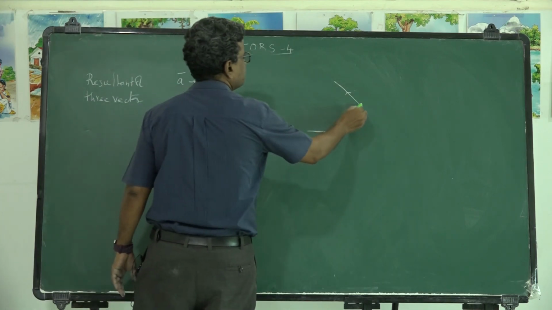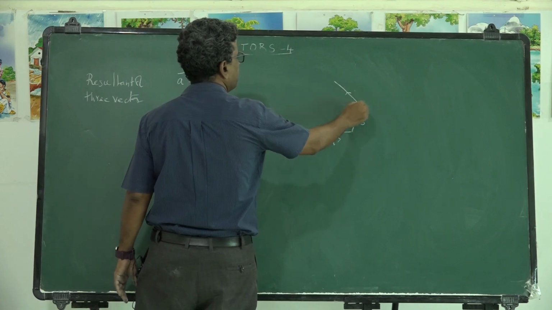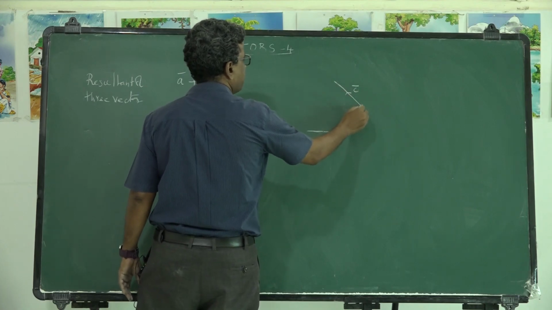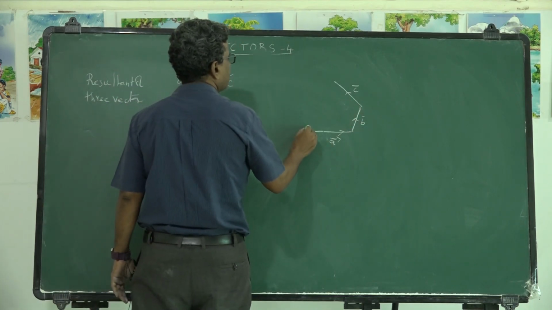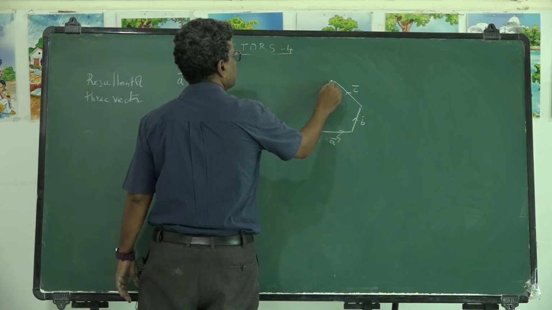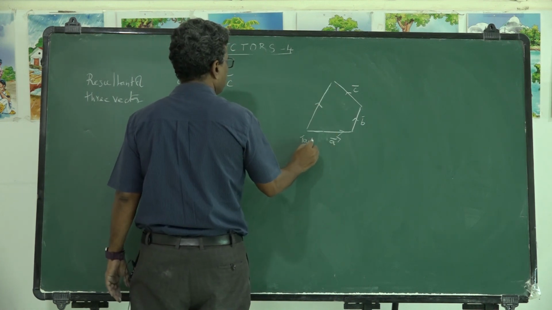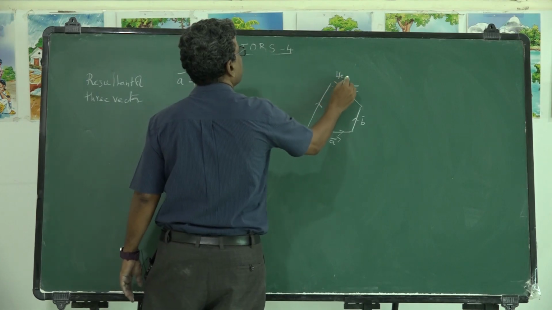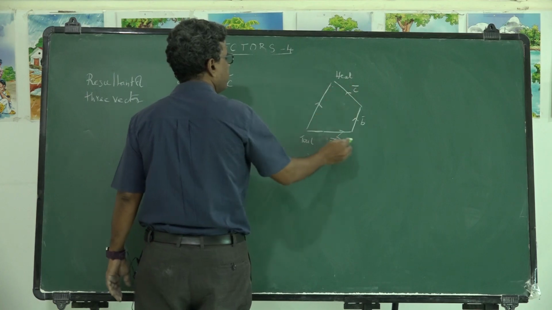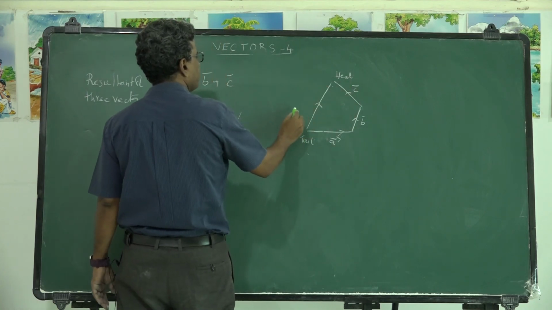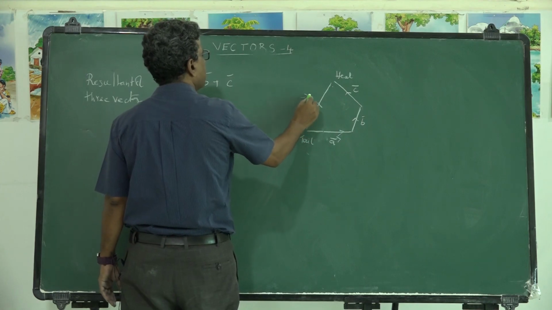Then draw another vector, the fourth vector, from the tail of the first vector to the head of the last vector, which gives the resultant of these three vectors.